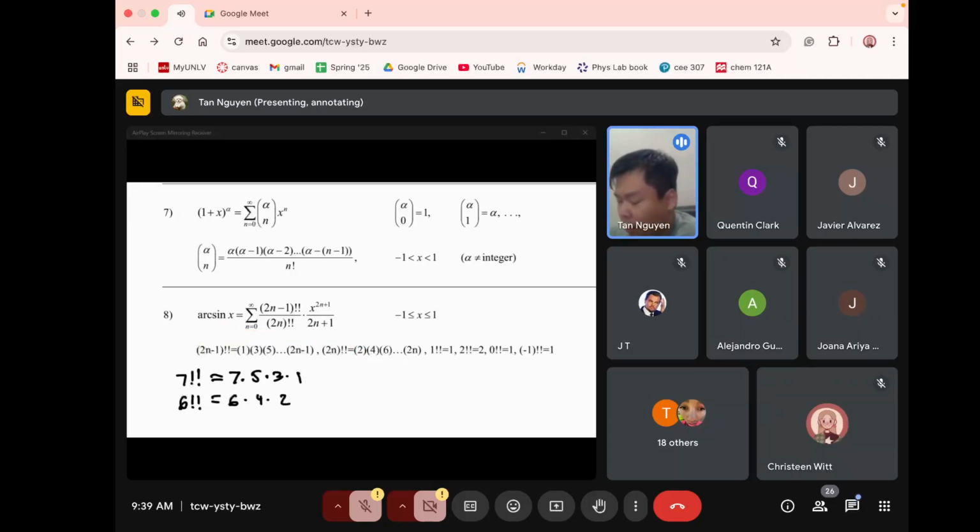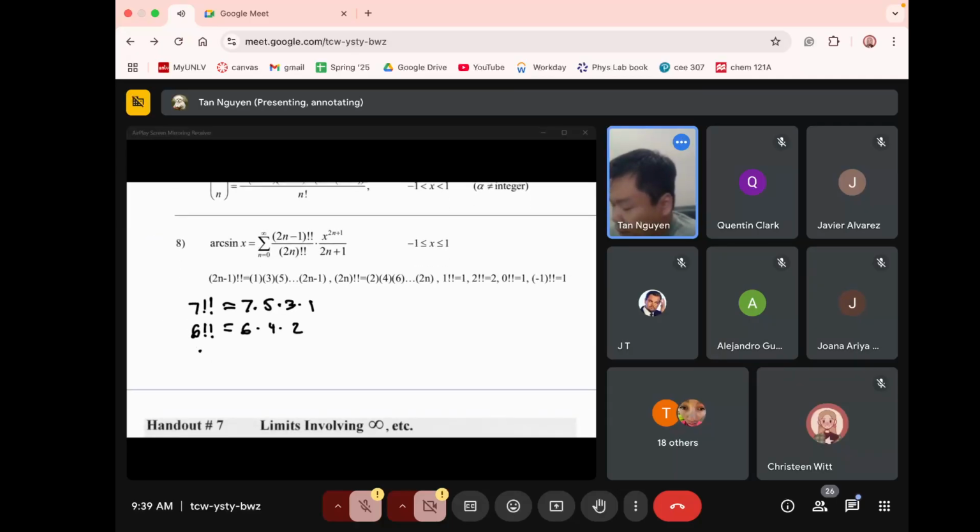Okay, and then you have something called the generalized binomial coefficient. This is the so-called combination that you learned before, right? Let's say 7 choose 5 or something like that. 7 choose 5 would be equal to 7 factorial divided by 5 factorial times (7 minus 5) factorial, right?